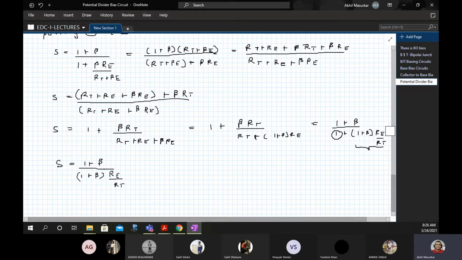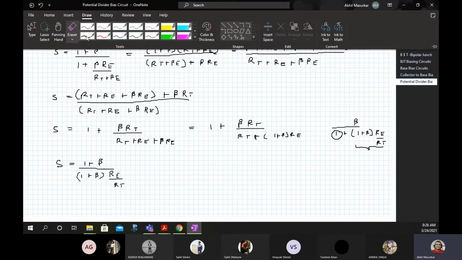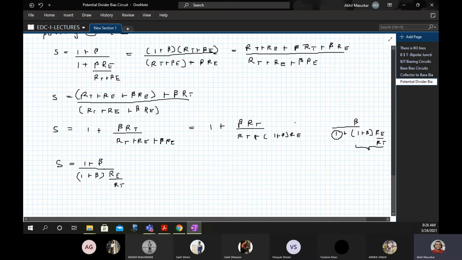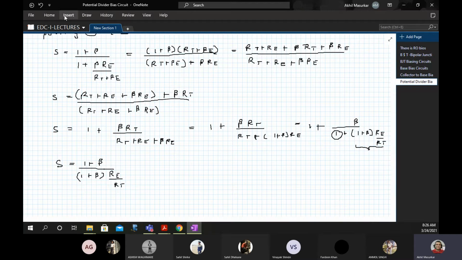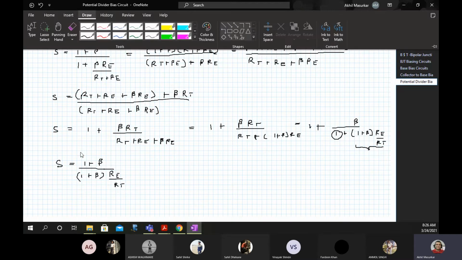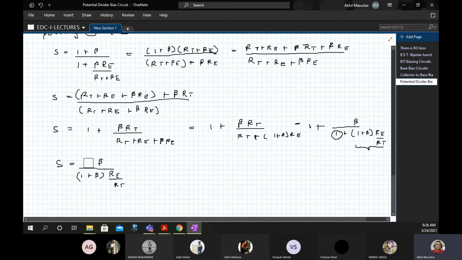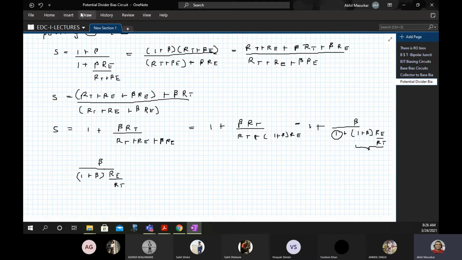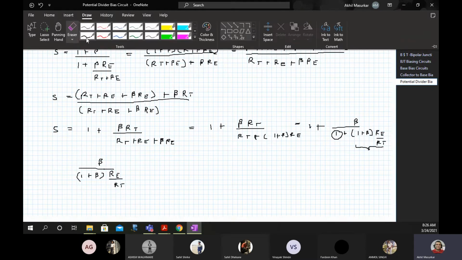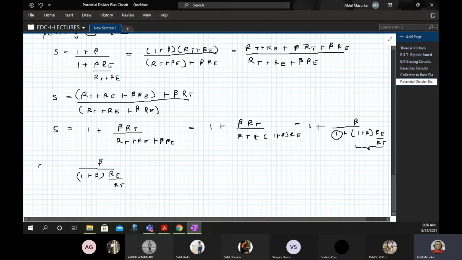Here we can just not write it properly, so let me correct it. S is equal to 1 plus all this.